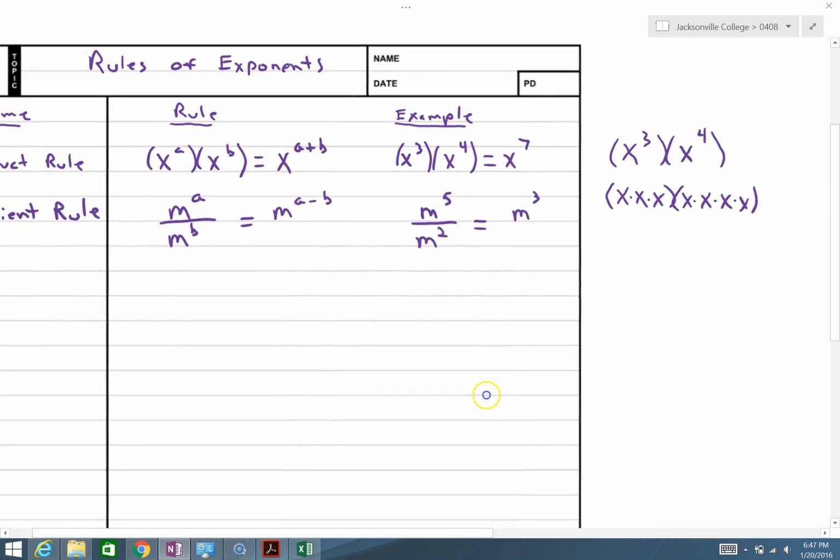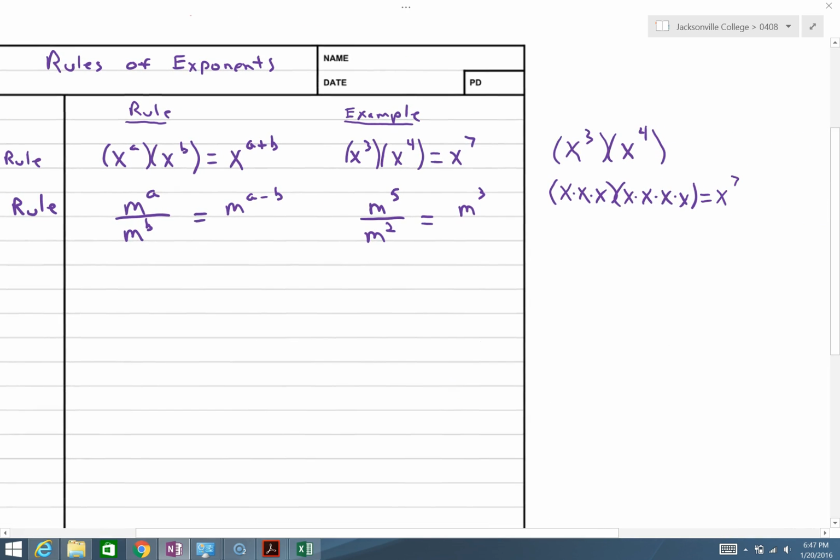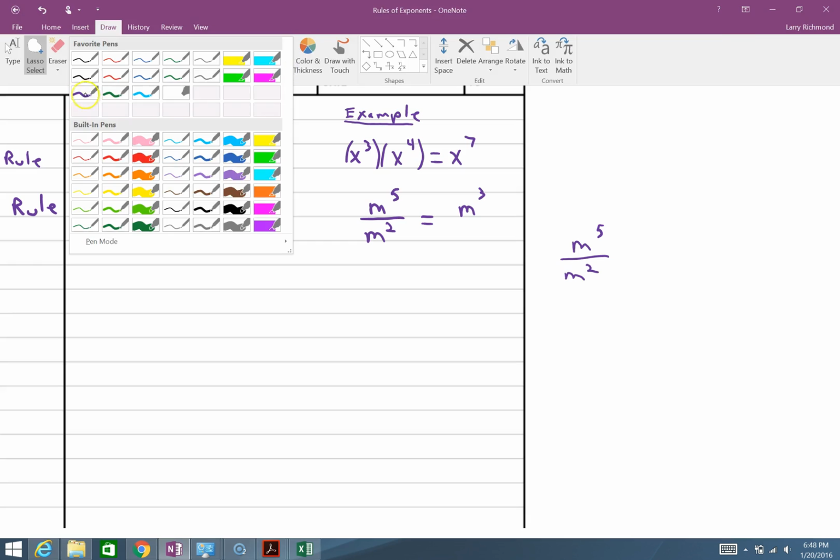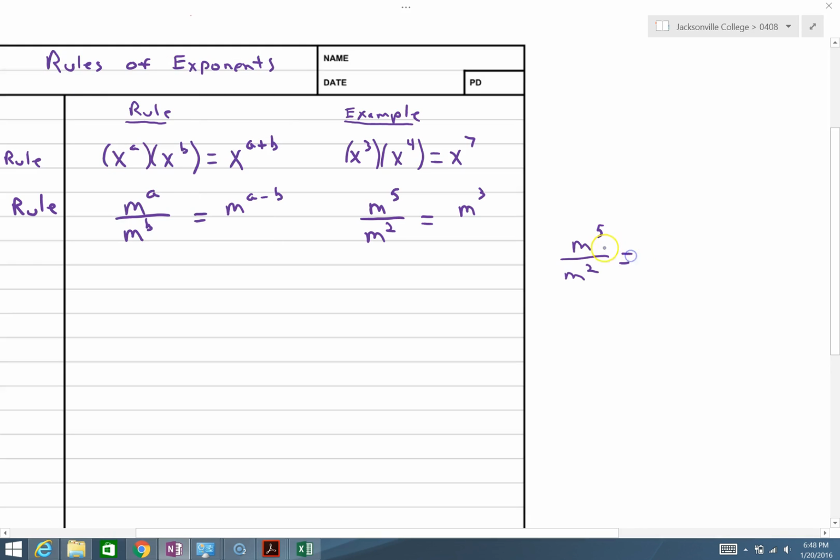Why is that? Let's see if we can take a look. Well, if I have m to the 5 divided by m squared, m to the 5, that's 5 m's multiplied together. M times m times m times m times m. M squared is 2 m's multiplied together.